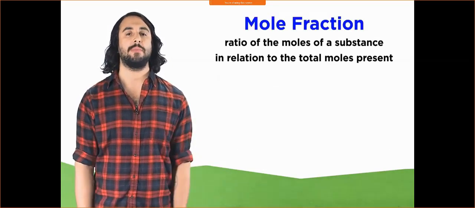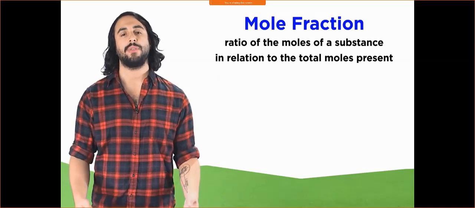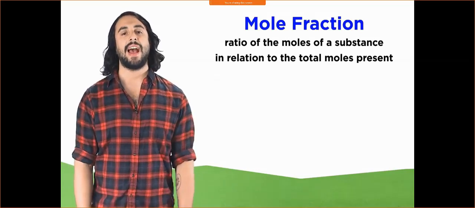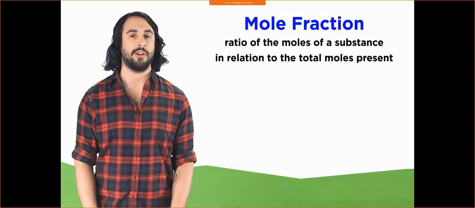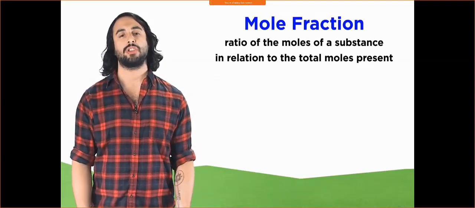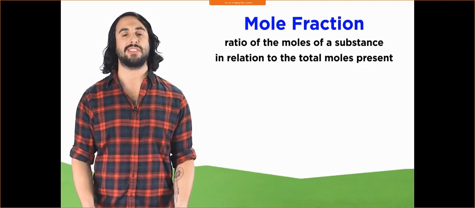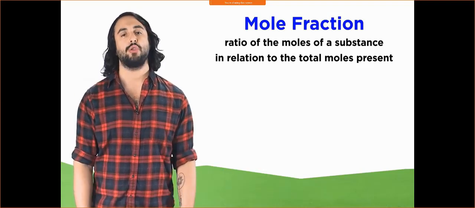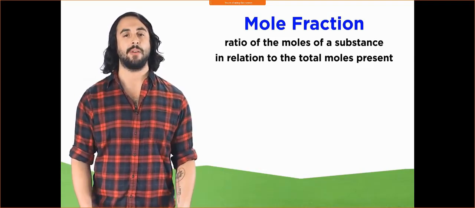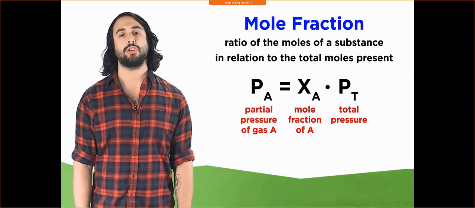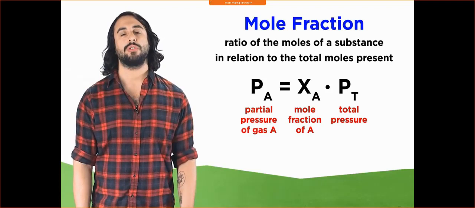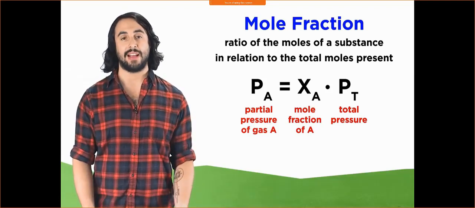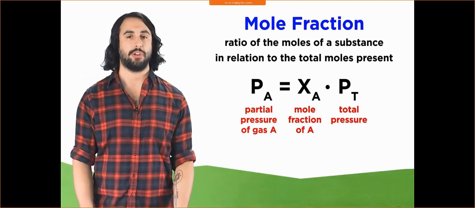We can also make statements about the partial pressure of each individual gas as they relate to something called the mole fraction of that gas, which is a measure of the number of moles of a substance compared to the total moles of matter present. And the partial pressure of a gas within a mixture will be equal to the mole fraction of that gas times the total pressure.